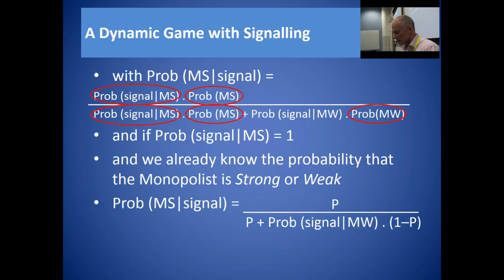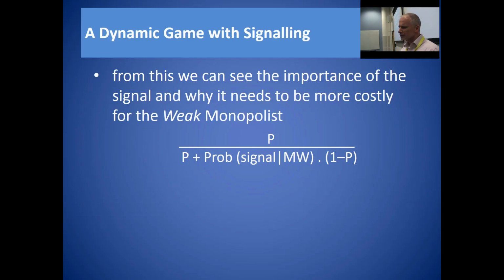Those are P, and the last one is 1 minus P. So our updated probability, the probability that the monopolist is strong, given that the signal is received, then comes down to that expression there. And that is the updated value of P that the entrant would use.